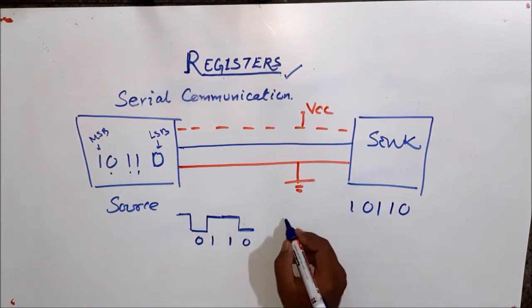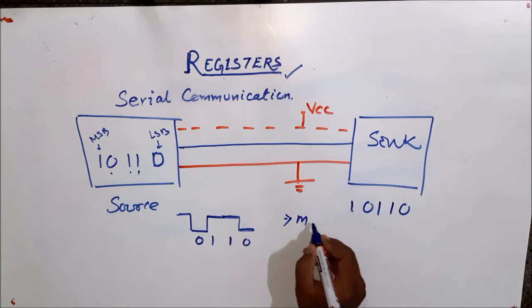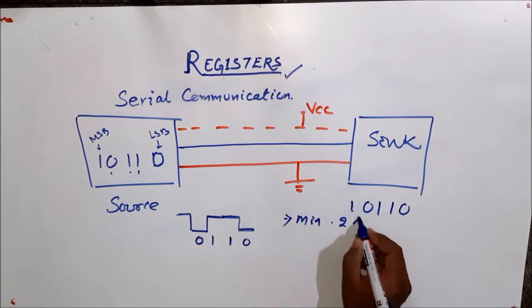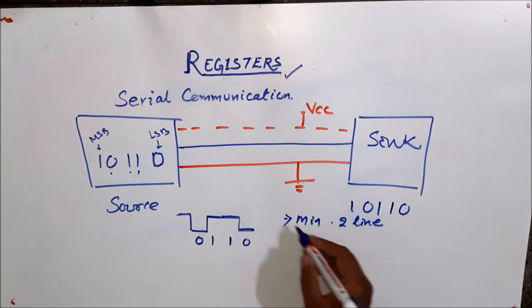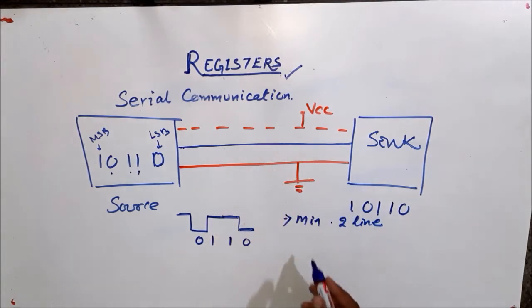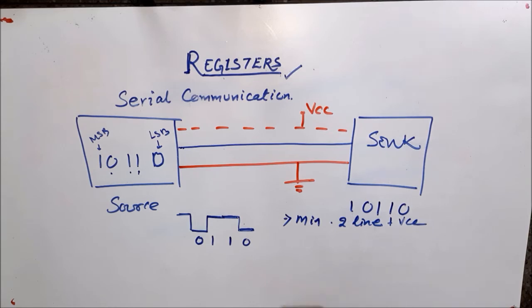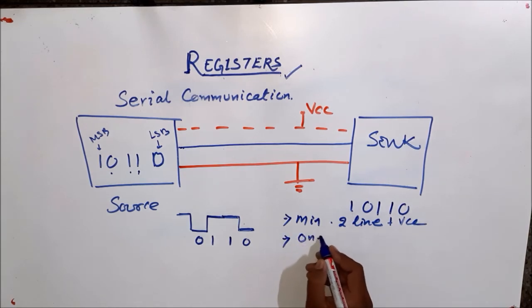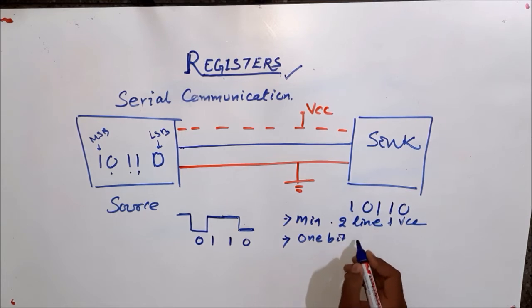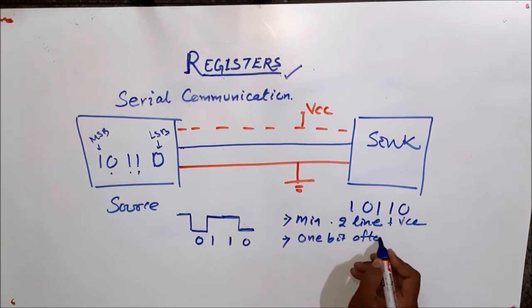So this is the way of serial communication. It needs a minimum of 2 lines, one for data and one for ground, or sometimes one more VCC line. Data is transferred one bit after another bit.